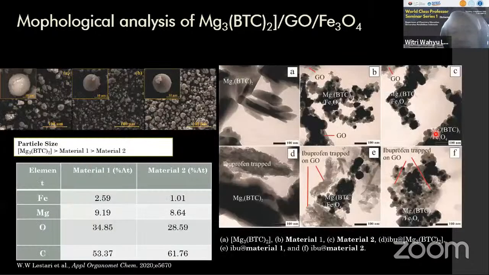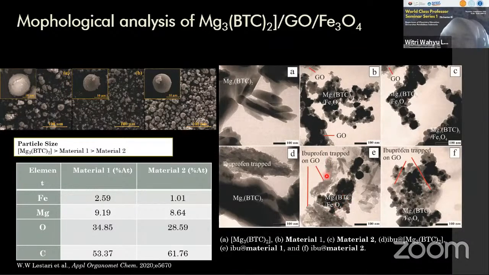And here is the SEM image of the material. Here we can see the magnesium BTC itself, and then after we combine with the graphene oxide and also with the iron nanoparticle, they interact with each other. Some are regular here, some are irregular, and some interact. Mostly the iron nanoparticles are close to the magnesium BTC, or the MOF itself.